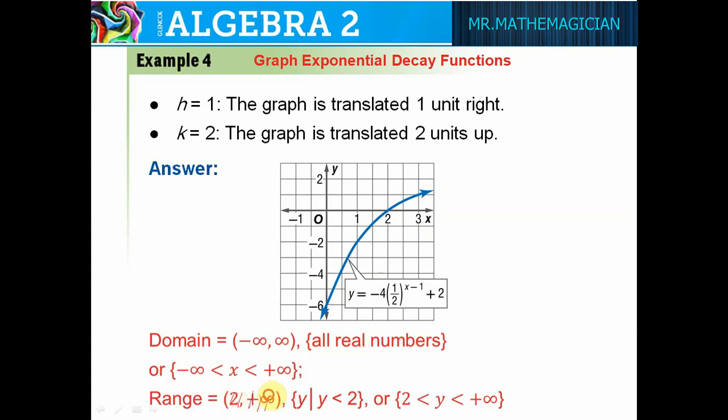It should be from negative infinity up to 2, because here 2 is our asymptote that we will not touch, and the graph is extended all the way down to the negative y-axis. So we can say from negative infinity up to 2 open.